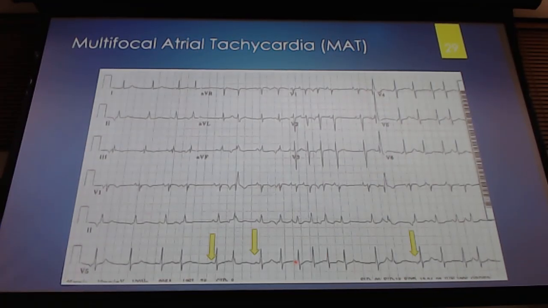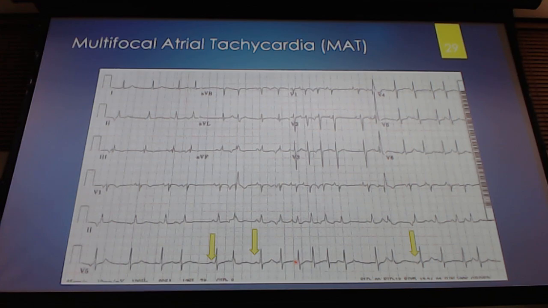What will you see on your ECG? Because we have 3 or more foci of the atria that are depolarizing, you're going to see 3 or more different morphologies of your P waves. So as you're looking at your P waves, if you have one foci that is depolarizing, your P waves should look the same.